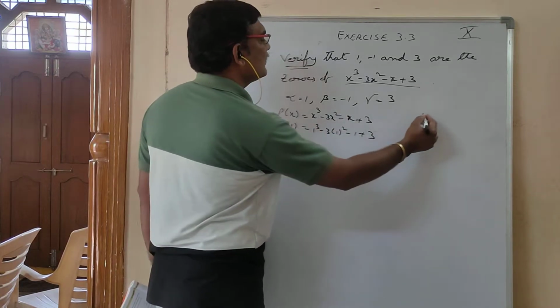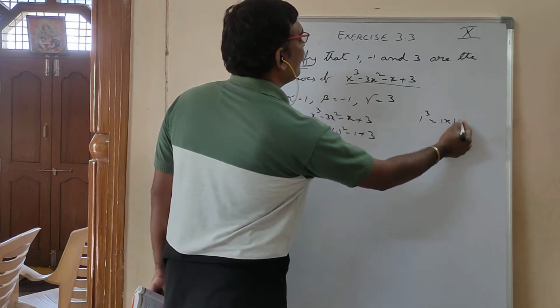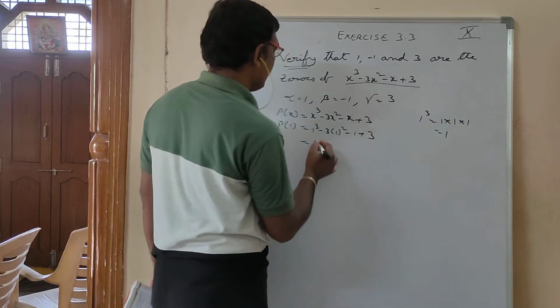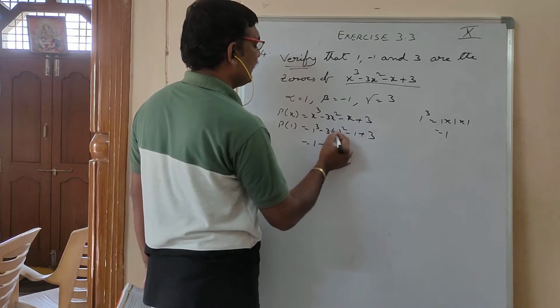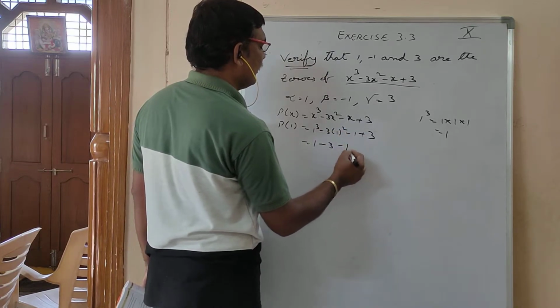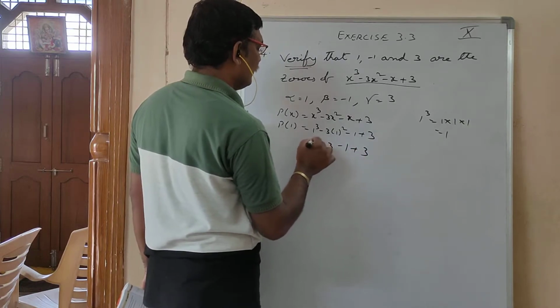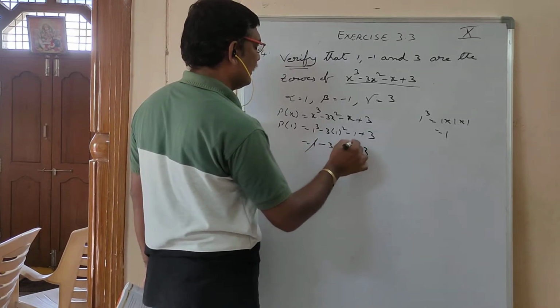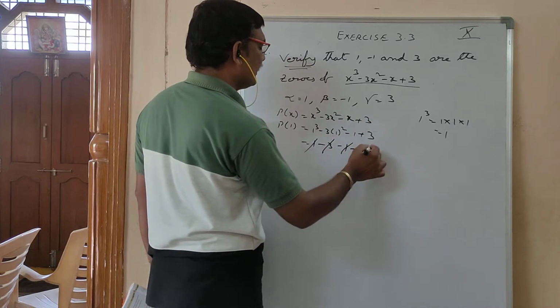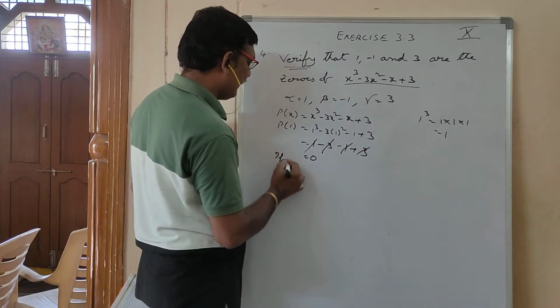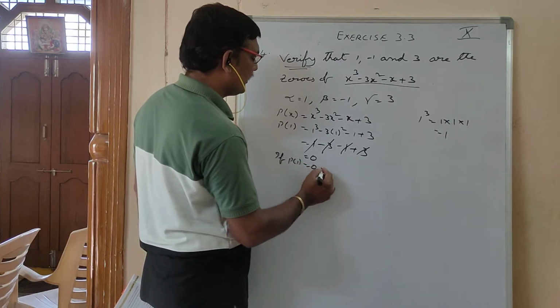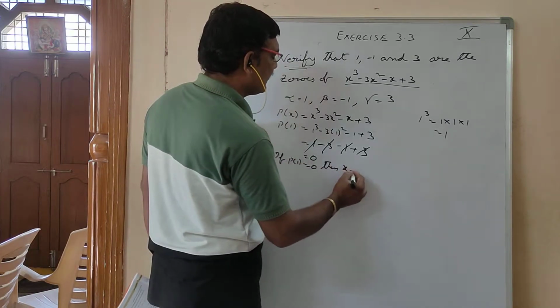Simplification: 1 cube means 1 into 1 into 1, answer is 1 only. Minus 3: 1 square is 1, 3 into 1 is 3. Minus 3. Minus 1 plus 3. So plus 1 minus 1, minus 3 plus 3. How much did you get here? 0.